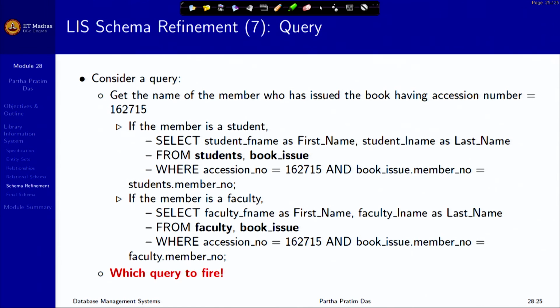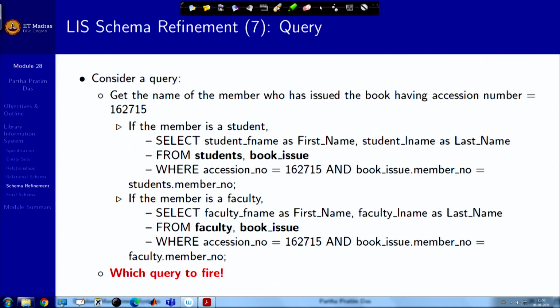Suppose you have to get the name of the member who is issued the book having accession number such and such. Now, where would you have to get it from? You have to get it from the book issue. So you are saying accession number is equal to this.